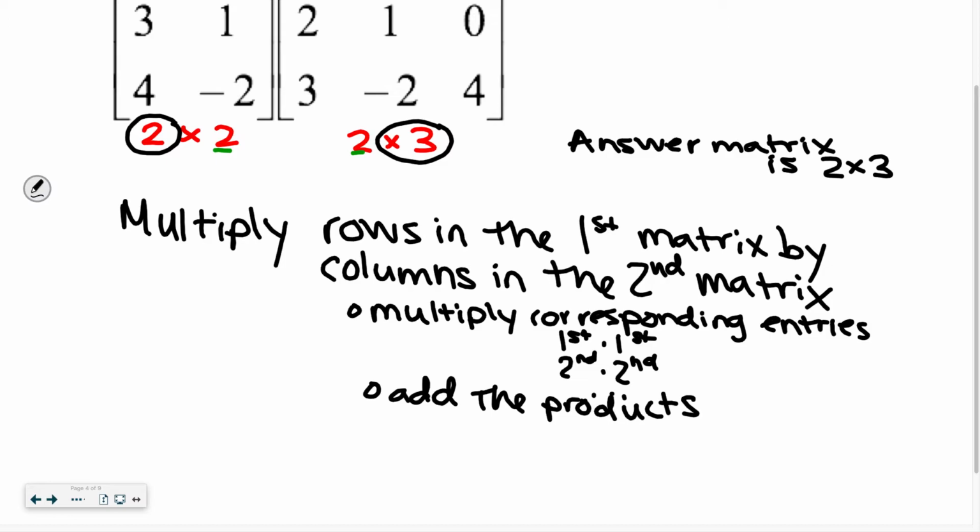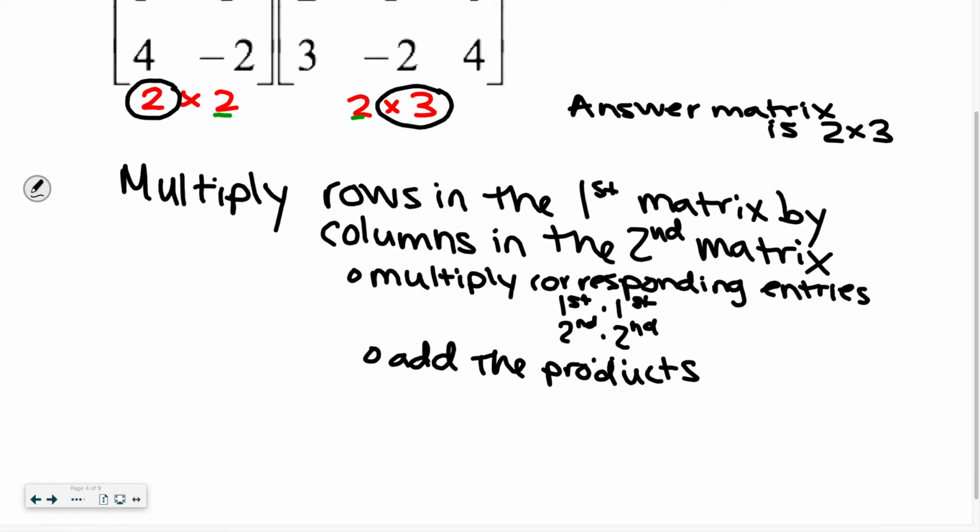So just to get one single entry in your answer matrix, you have to multiply all corresponding entries in a single row and column, add them up, and that sum goes in the first spot. And then you move to the next spot.